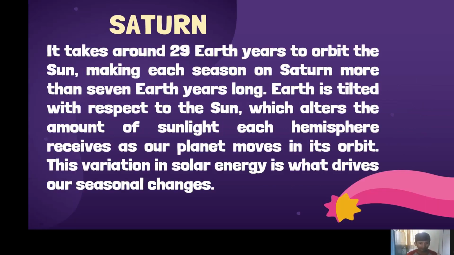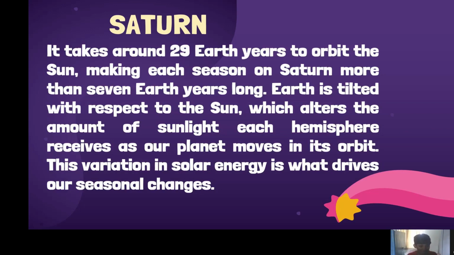Saturn. It takes around 29 Earth years to orbit the Sun, making each season of Saturn more than 7 Earth years long.